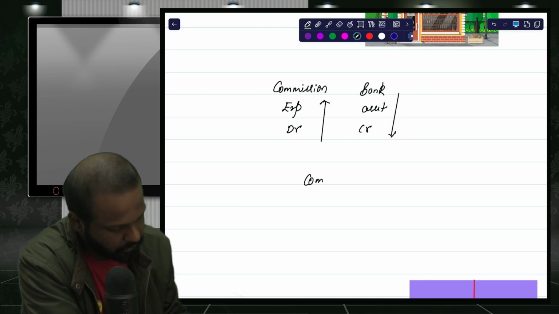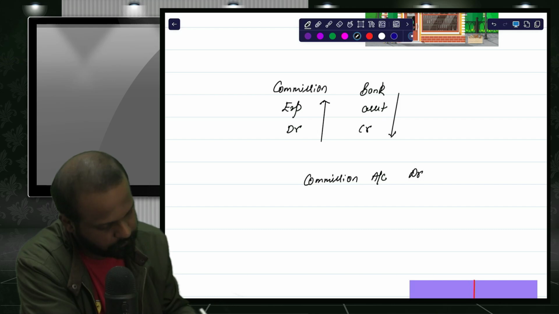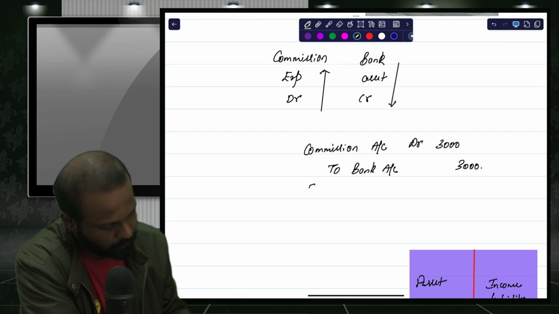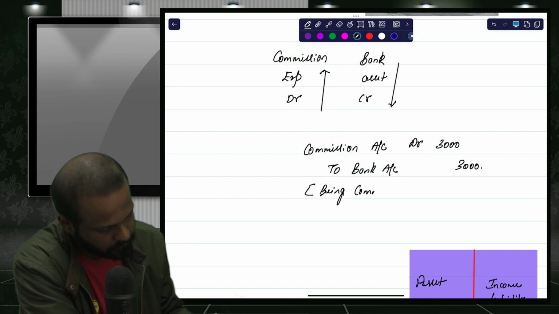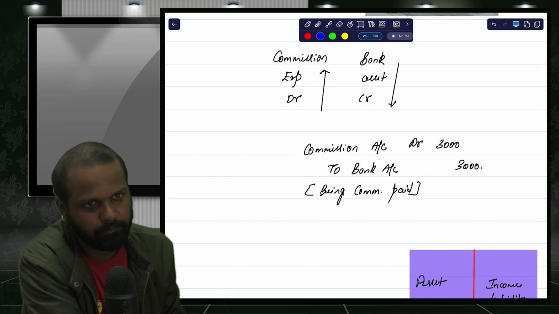So commission paid account debit, or commission account debit. Credit will be bank, to bank account, 3,000. Narration: Being commission paid.